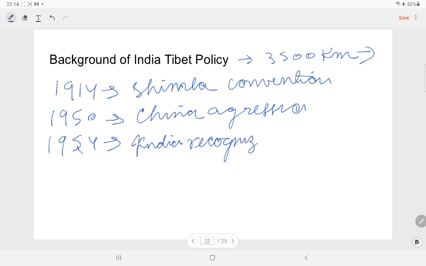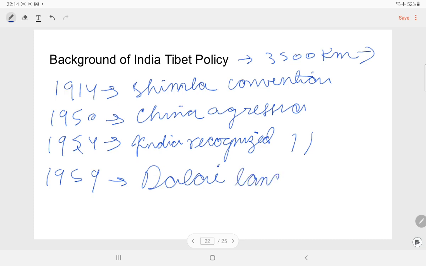So in 1954, India recognized China's aggression, and further in 1959, following the Tibet uprising, the Dalai Lama, the spiritual as well as political leader of the Tibetan people, and many of his followers came to India. So this is the background or history of the India China relationship when it comes to Tibet.